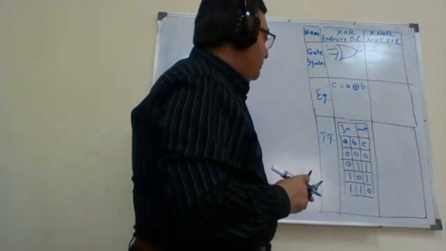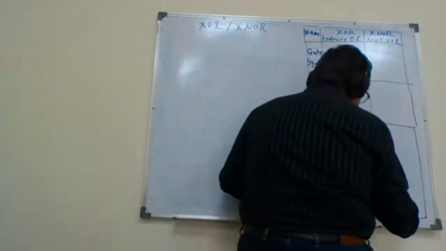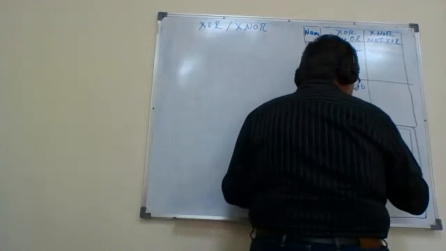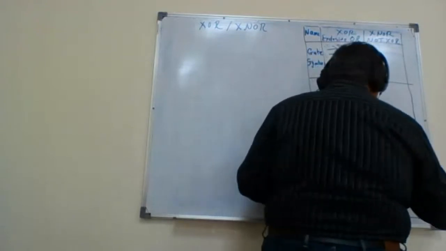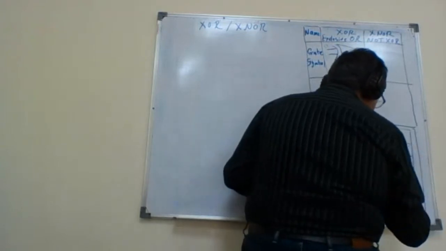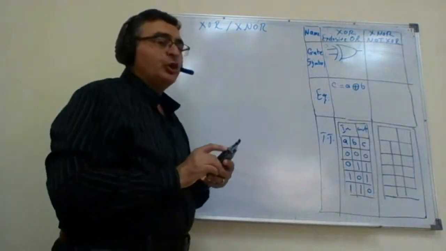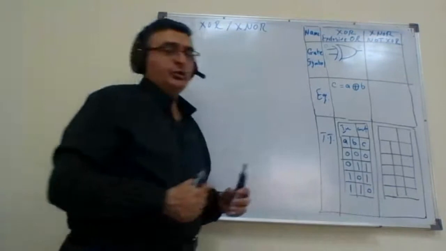As we mentioned, this has a twin brother or twin sister, whatever you call it. Its sister gate is directly the opposite operation gate. It's called XNOR.